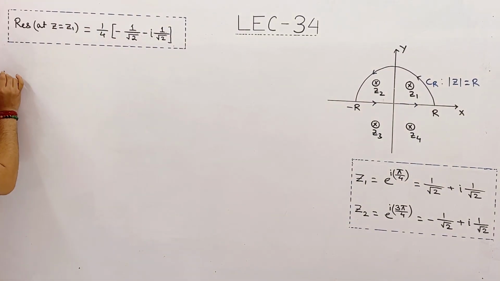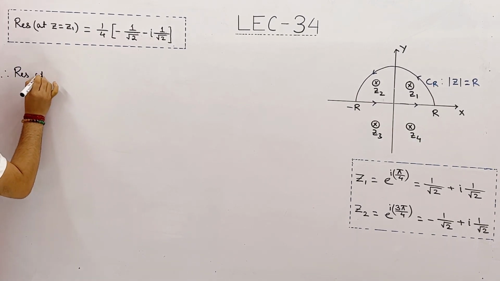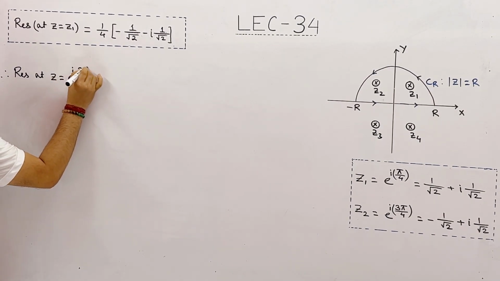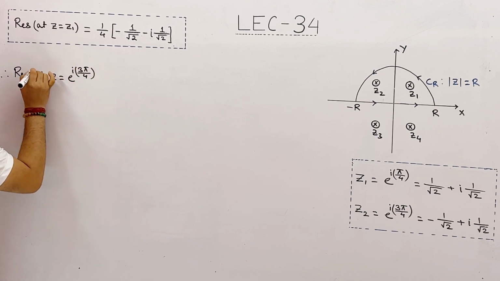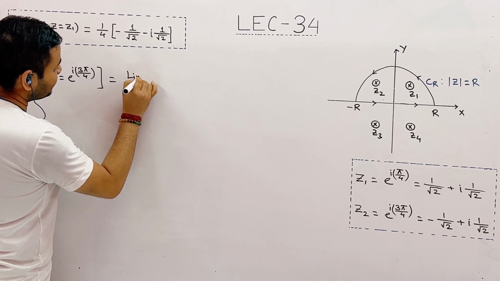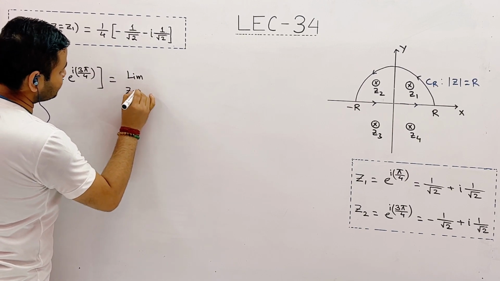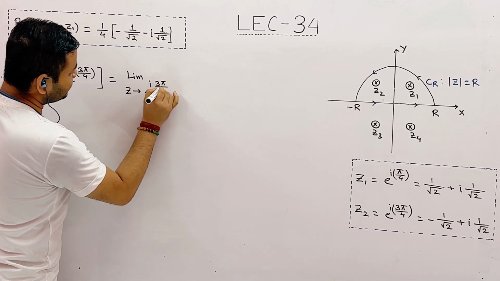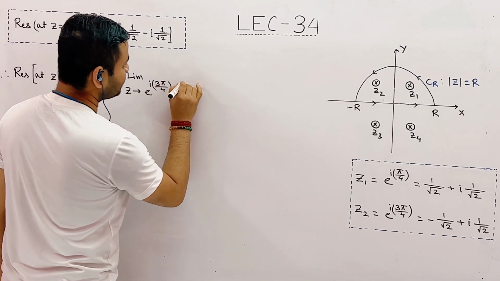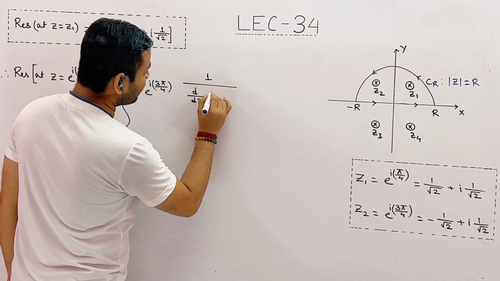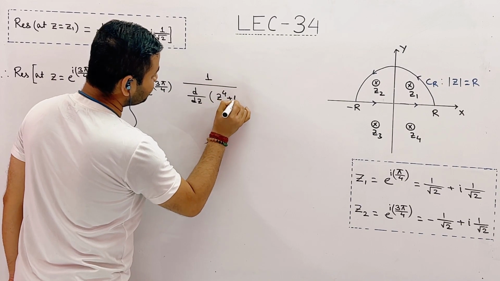So, the residue at z equal to e to the power iota into 3 pi by 4 is given by limit z tends to e to the power iota into 3 pi by 4 of 1 divided by d dz of (z to the power 4 plus 1).